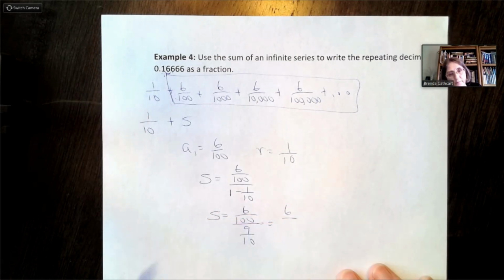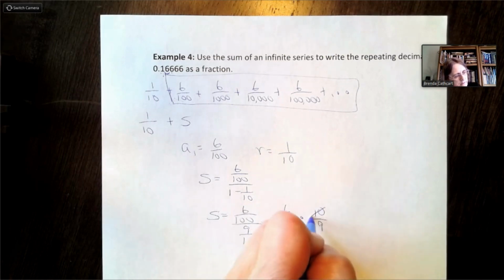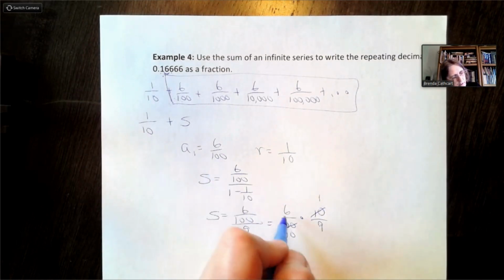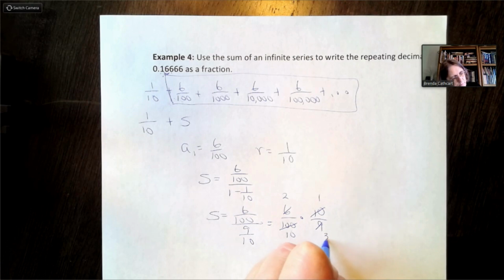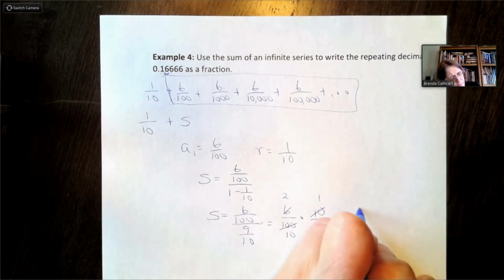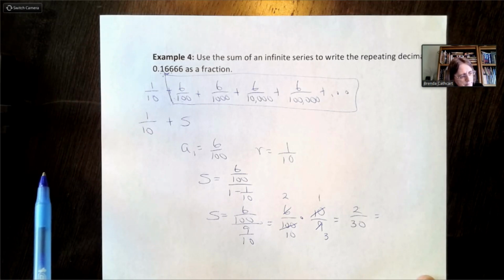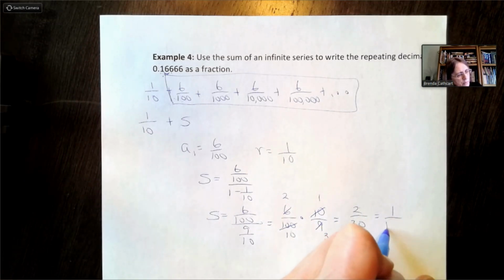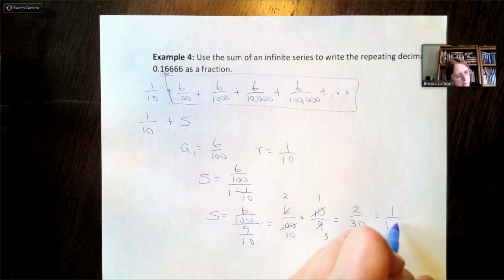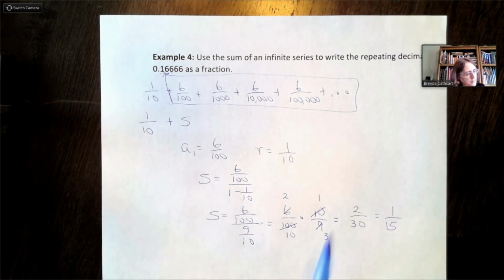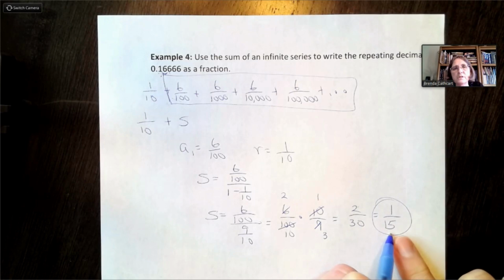Flip and multiply. We get 6 over 100 times 10 over 9. Let's do a little reducing with that, reducing by 10, and reducing by 3. So we end up with 2 over 30, but I think we can do a little bit more reducing. We end up with 1 over 15. Okay, that's our infinite geometric series part.